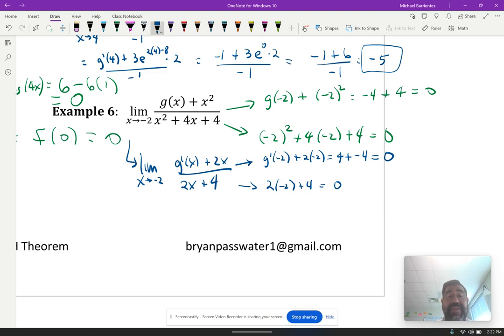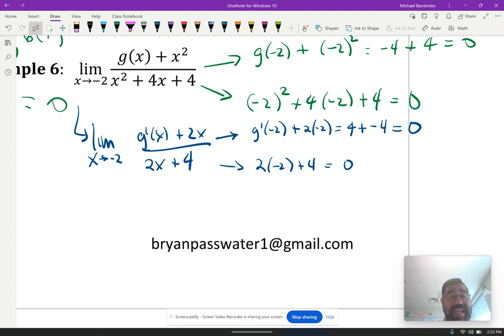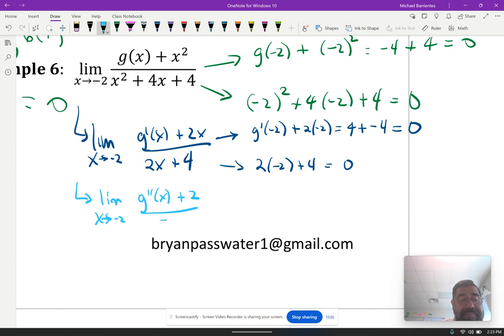If I still have an indeterminate form, that means I can do L'Hopital's rule again. And so in the second iteration, I guess, or the third iteration, we're taking the limit as x approaches negative 2. We're going to take the derivative of the top over the derivative of the bottom, and we're going to try it again. G double prime at negative 2 plus 2.